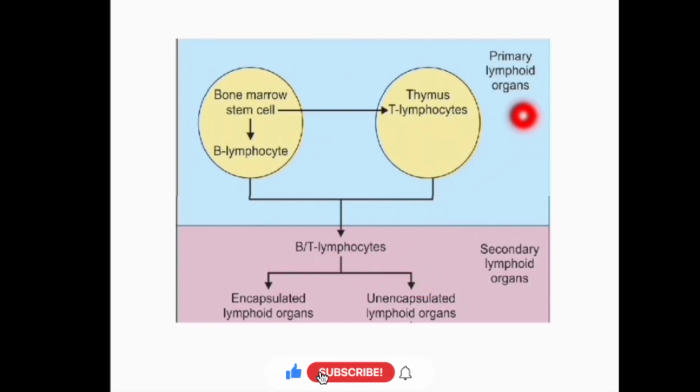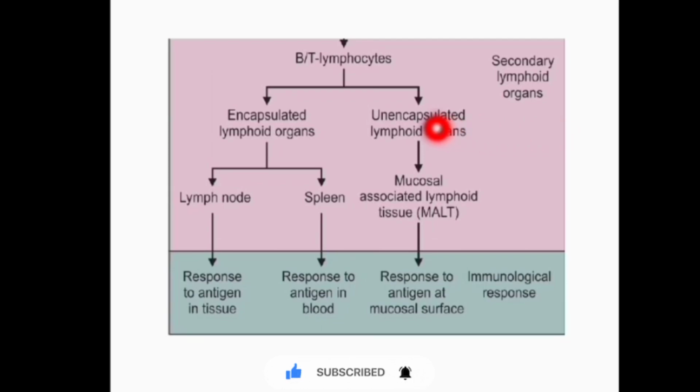The primary lymphoid organs give cells to the secondary lymphoid organs. See, the B and T lymphocytes enter into the encapsulated lymphoid organs and also enter into the unencapsulated lymphoid organs in the secondary lymphoid organs.